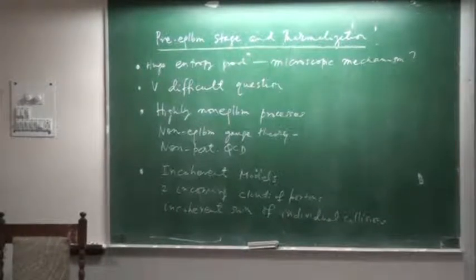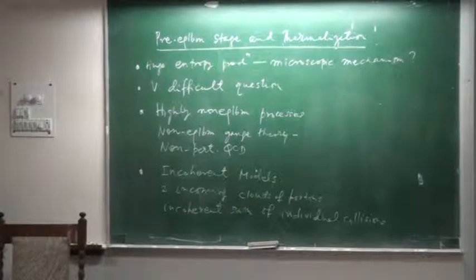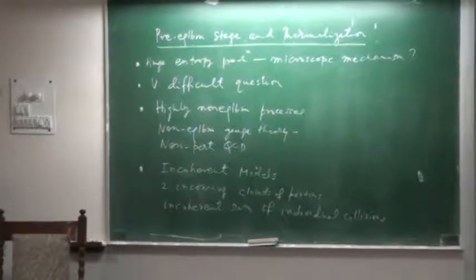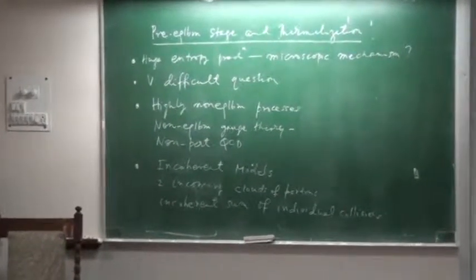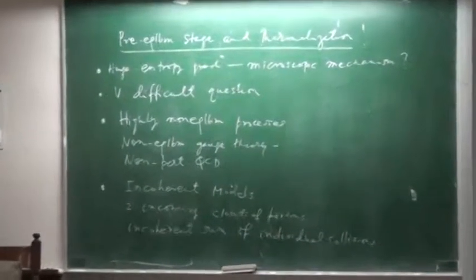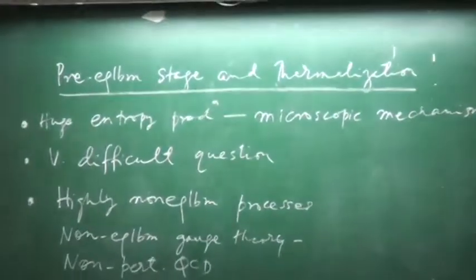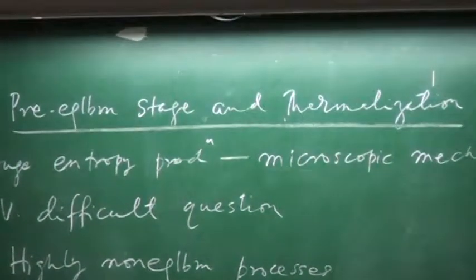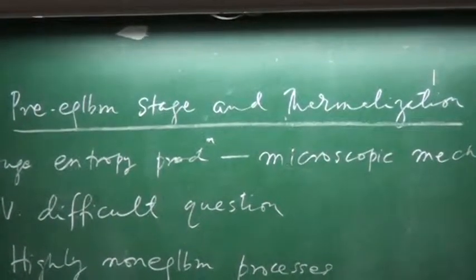So when partons collide, some interactions are hard, some are semi-hard. So jets and mini jets are produced. Mini jets are just the semi-hard.